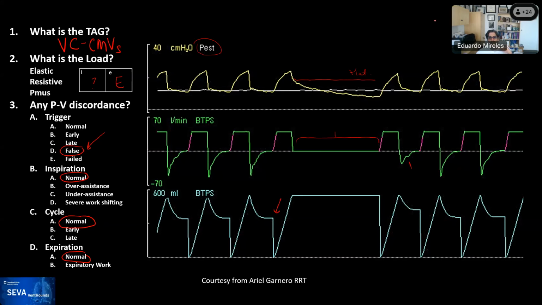And that is because in flow trigger, if you imagine the circuit that goes into the patient, here's the ET tube. And so you have an inspiratory limb and you have an expiratory limb. And there's a constant flow occurring from the inspiratory to the expiratory. And in the past, you could set how much that flow was.